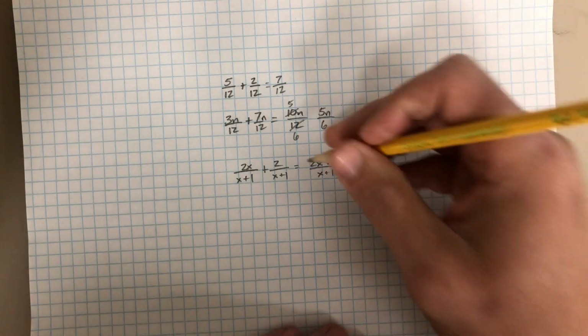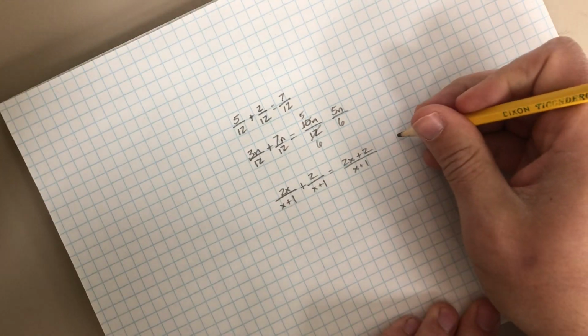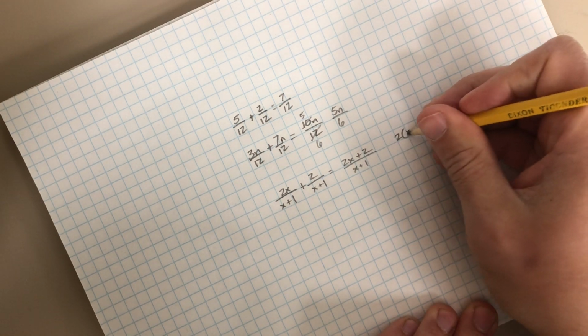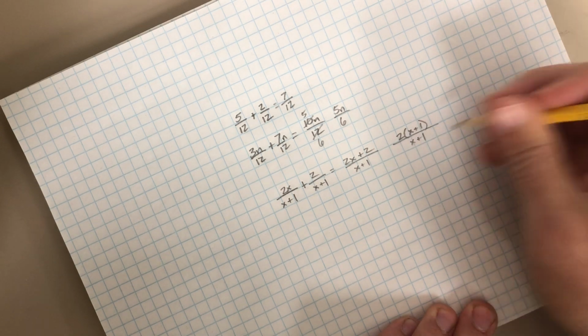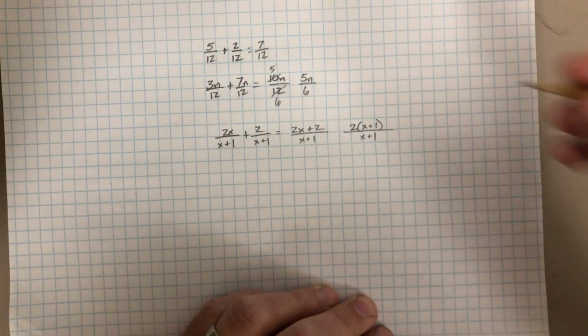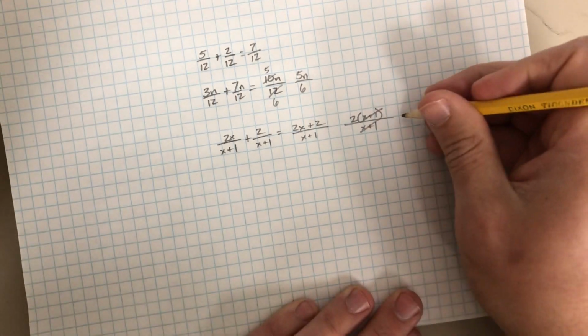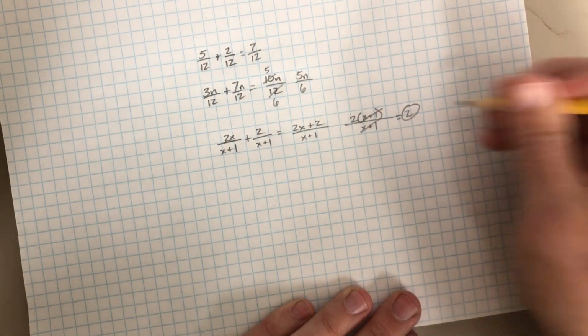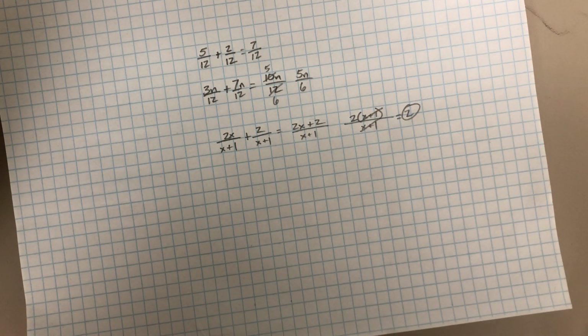Now, if I look at the top, I can factor out a 2. And if I factor out a 2, then I'm left with x plus 1, and that's all over x plus 1. Okay, so now I can reduce x plus 1 and x plus 1, and I'm left with 2 when it's all simplified out.